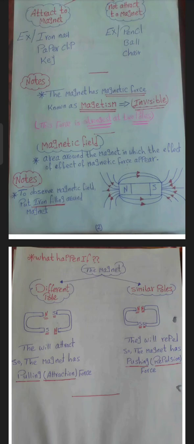So the area around the magnet in which the magnetic force appears is called the magnetic field. And you can observe the magnetic field when you put iron filings around the magnet.